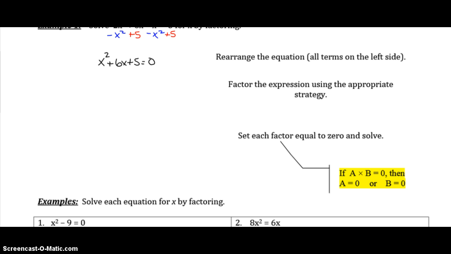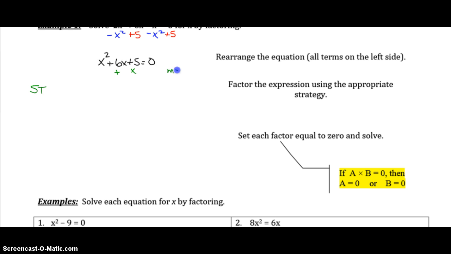The second step is to determine which type of factoring you have here. Since there are 3 terms, the first term is x squared, the second term is an x, and the third term is a constant. There's no number in front of the x squared. That is a simple trinomial factoring. So you are looking for 2 numbers that multiply to give you 5 and add to give you 6.